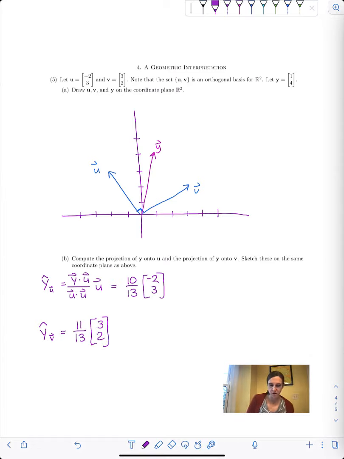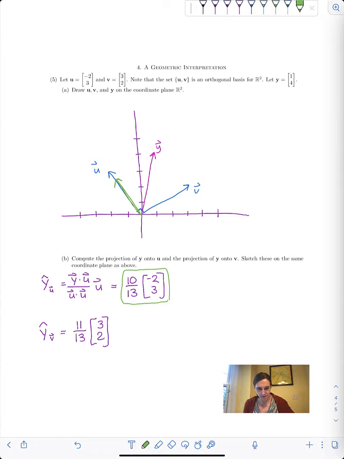And so what this means then is if we take the projection, let's do it in green. If we take the projection of y onto u, we're getting part of the way down our u. We're getting to maybe here.